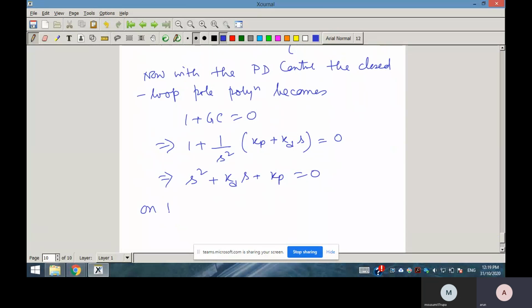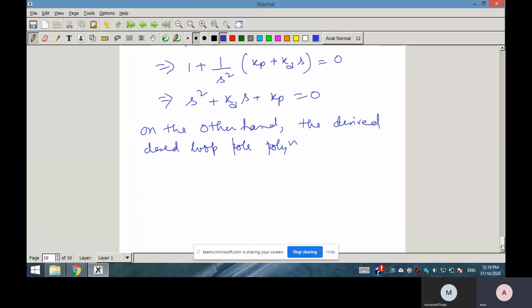On the other hand, what is your desired closed loop pole polynomial? S plus 1 into S plus 2 equal to 0. So this implies S square plus 3S plus 2 equal to 0.